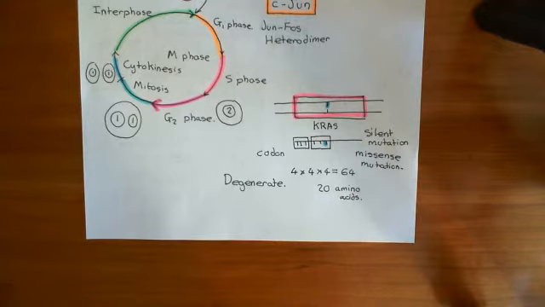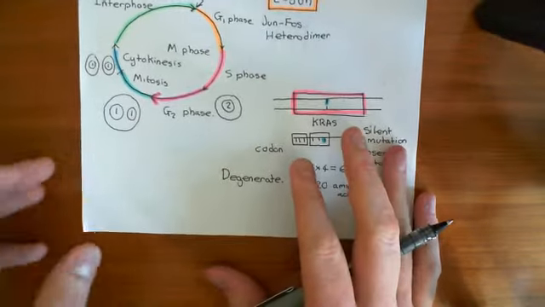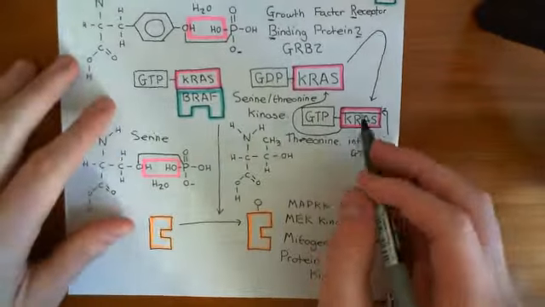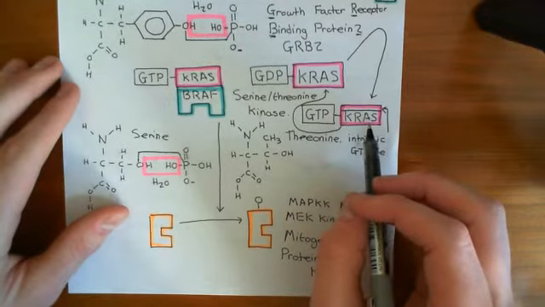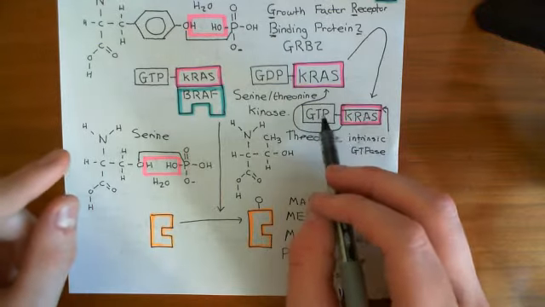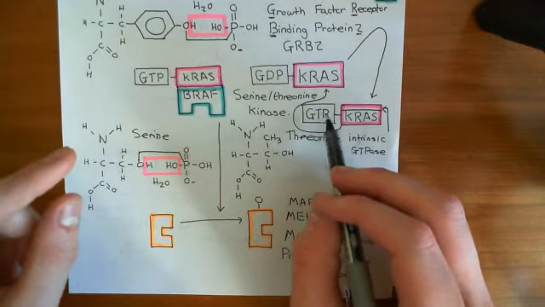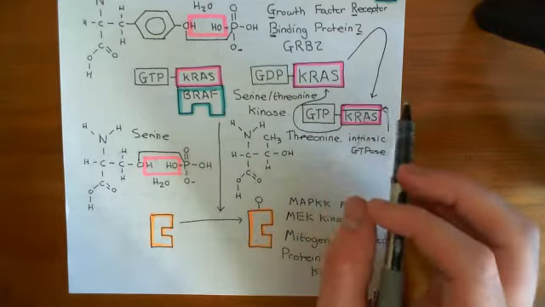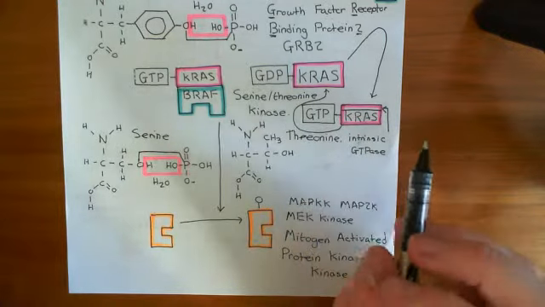This one wrong amino acid can inactivate that intrinsic GTPase. The intrinsic GTPase no longer works in the KRAS protein, so once KRAS has GTP bound to it, it never turns off. It just remains on forever and ever.